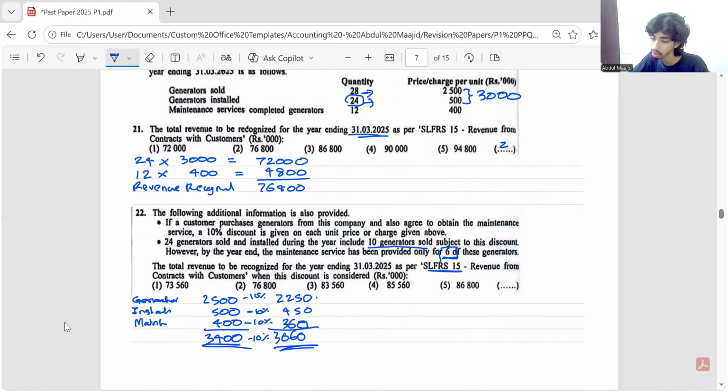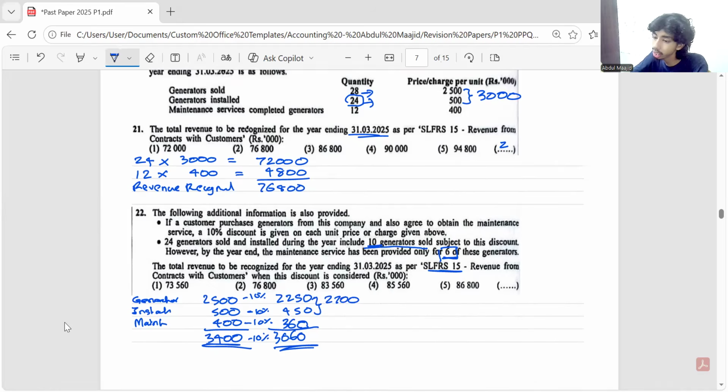Okay. Now here they are saying out of these 24 generators installed, 10 generators relate to the generators given with discount. So here the discounted generator price is 2,250, installation price is 450, both together that will be 2,250 plus 450, 2,700.